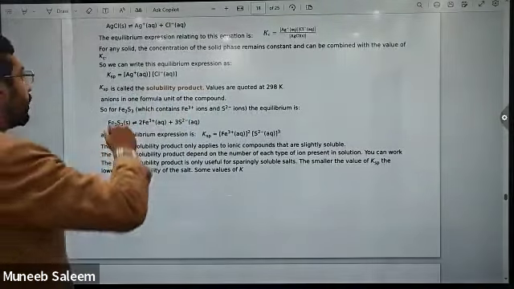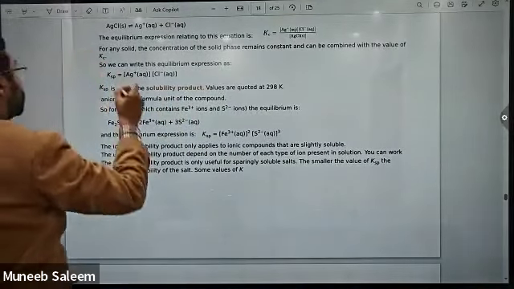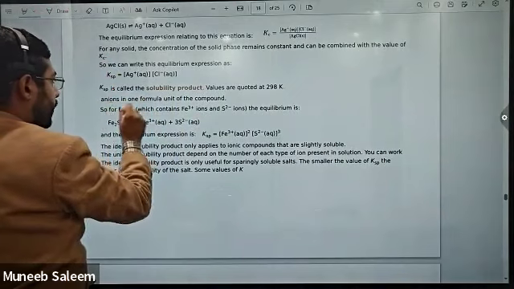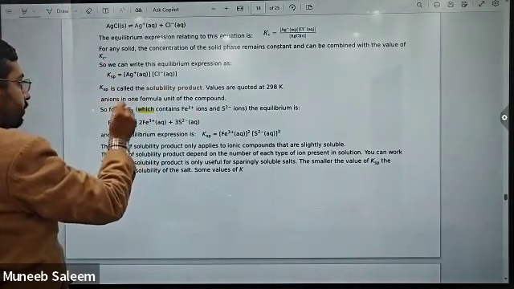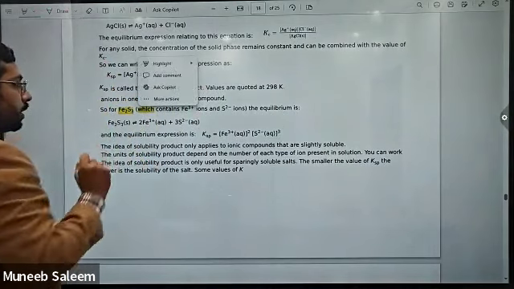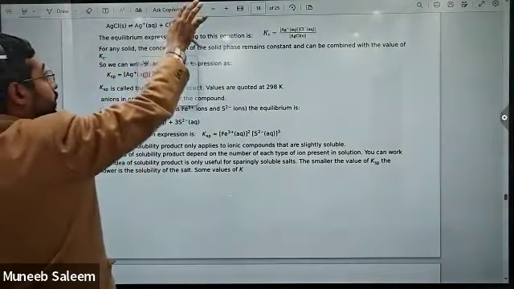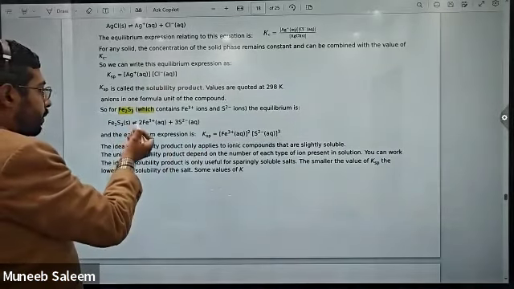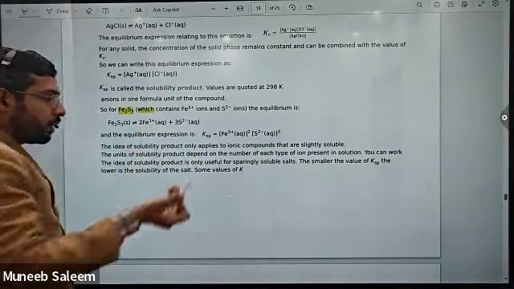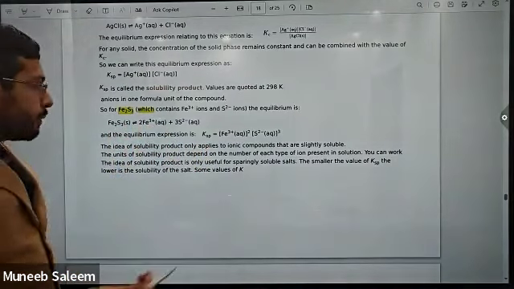There is another example, Fe2S3. Fe2S3 is another kind of solid for which the solubility is very low. We call it sparingly soluble. When it is dissolved in water, you can write the balanced equation.